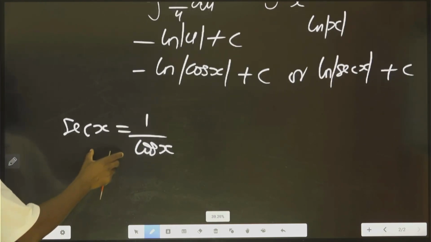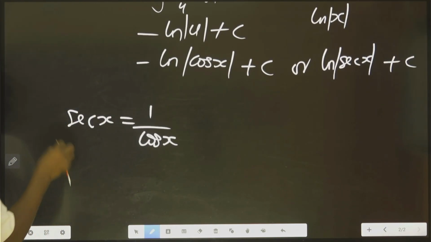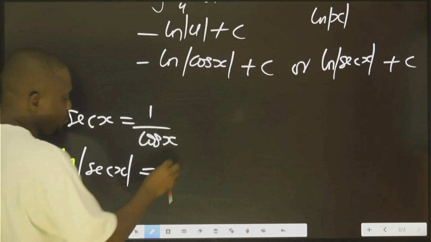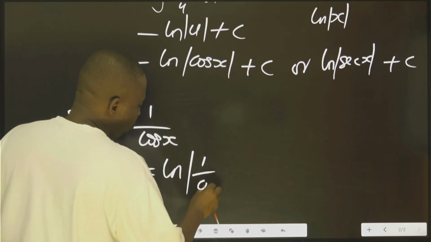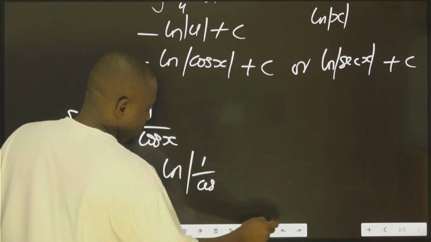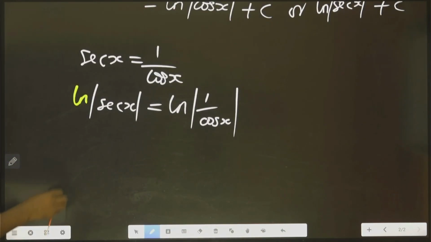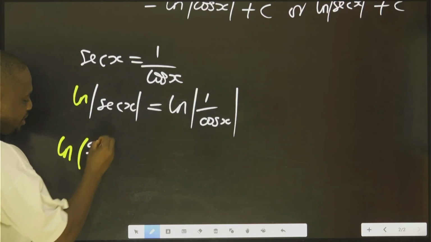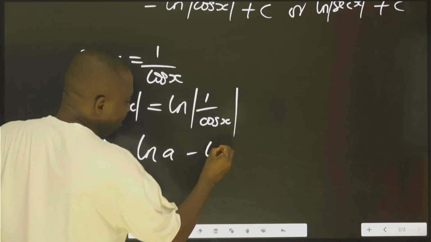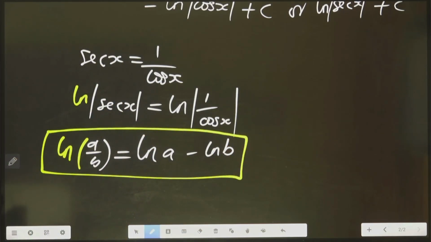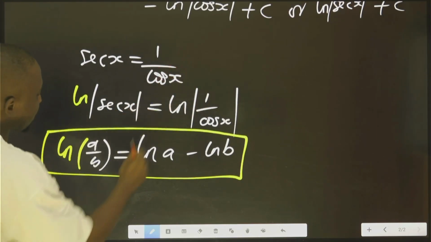Now, we can take the natural logarithm of both sides, by saying ln sec x equals ln of 1 over cos x. If you follow the logarithm rule that says ln of a over b is ln a minus ln b, you will agree with me that we can replace this.